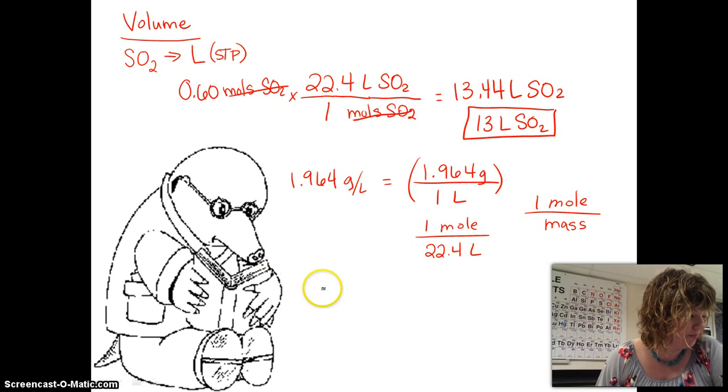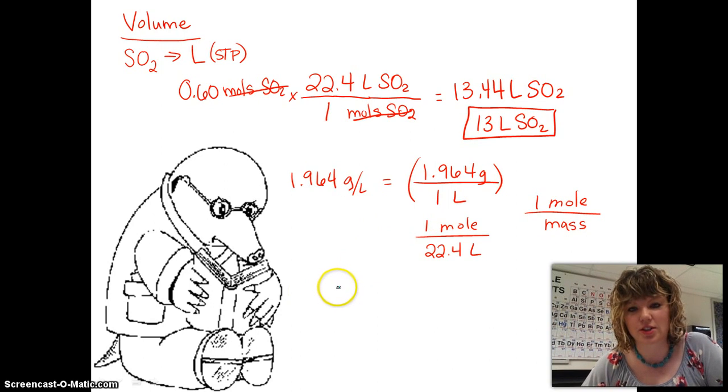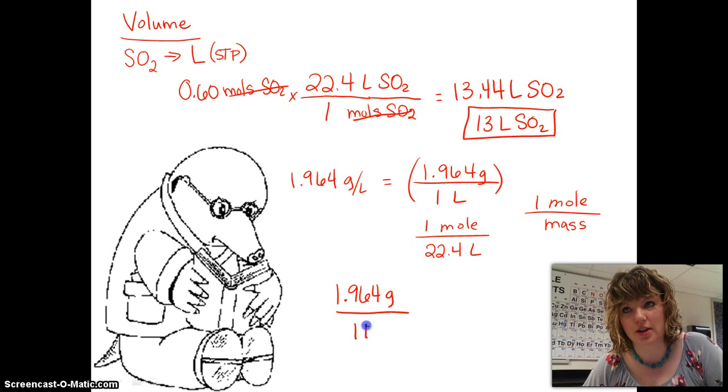Our given number, well, we're not really going to have a given number. We're just going to start off with 2 conversion factors. So if we have this 1 liter, now we're going to want to use this guy so that we can get molar mass. If our molar mass is mass per mole, we would want to put moles on the bottom here so that the liters will cancel out.